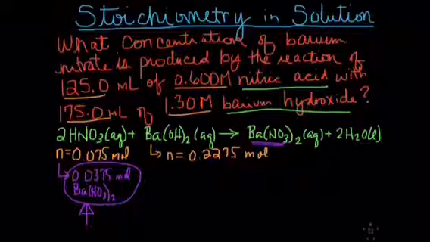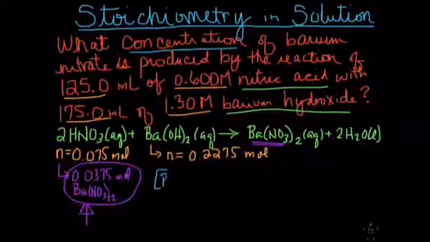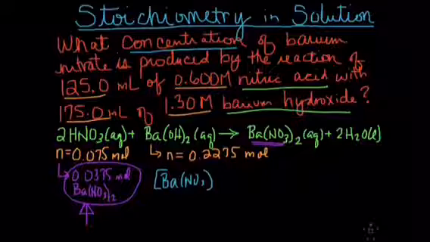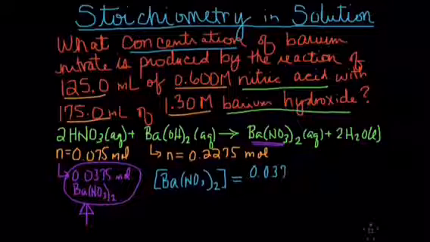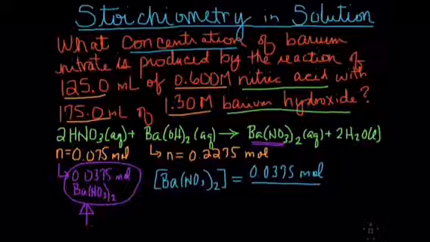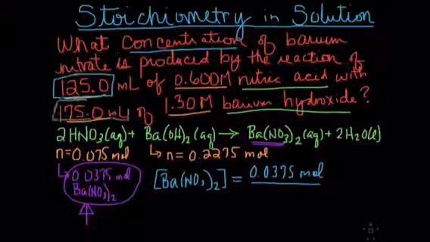But now the question is asking us, what is the concentration of barium nitrate? So all we need to do to get to the concentration of barium nitrate is divide that number of moles, 0.0375 moles, by the total volume, which we've got 125 milliliters plus 175 milliliters.